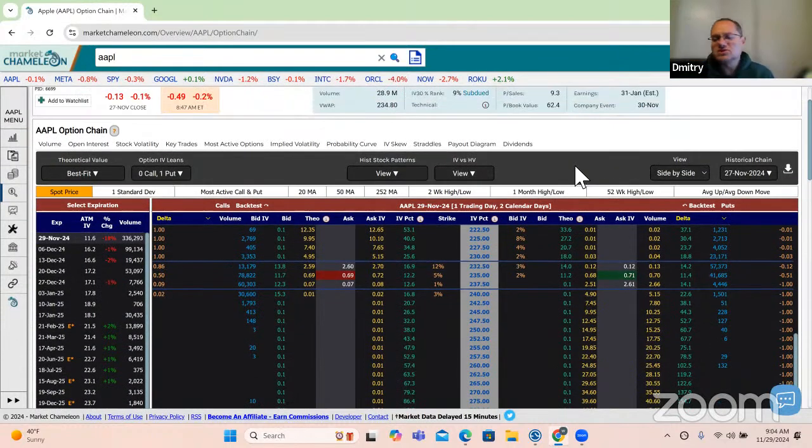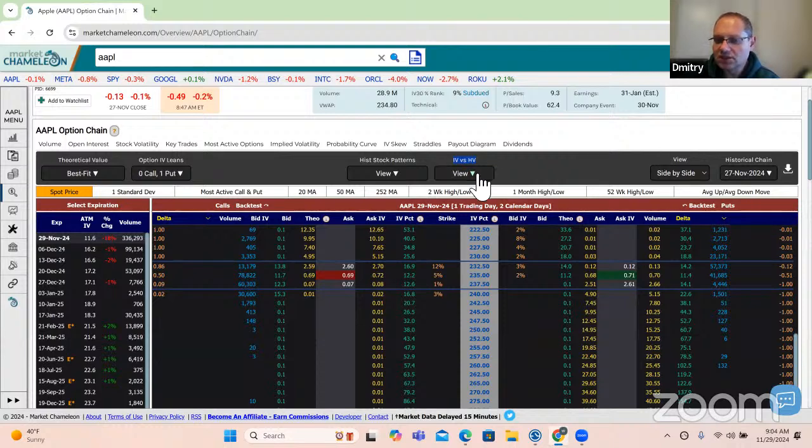On this page, you're going to start looking at different option prices, maybe a set of strategies to analyze, and you have different expirations to select from. However, today we're just going to do a quick overview. It's a shortened day, so we'll do a shortened webinar. We're going to look at this tab over here, implied volatility versus historical volatility.